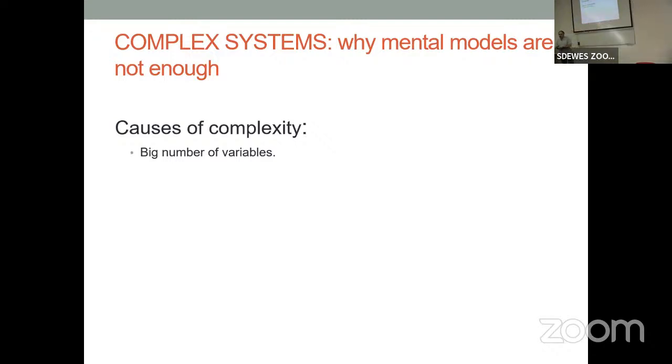Let me use just a very simple example. In the case of Spain, many years ago, there were a lot of doctors, so somebody decided, oh, we have a lot of doctors, we don't need to have more doctors in the faculties. So there was an abrupt decrease of the doctors.